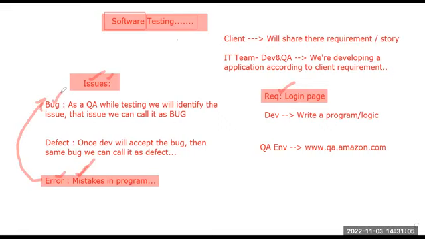Our developers will implement according to the given requirement only. But if the requirement itself has a problem because of the miscommunication, then we need to change the requirement again and redevelop according to the new, correct requirement.